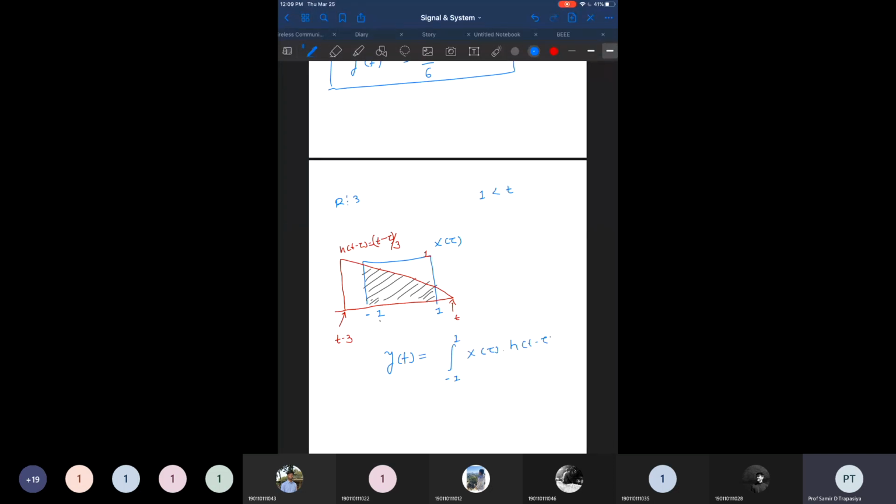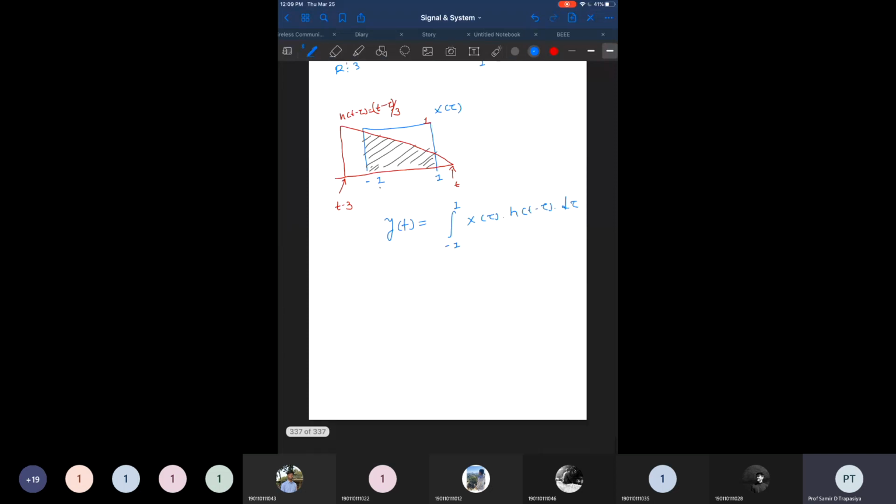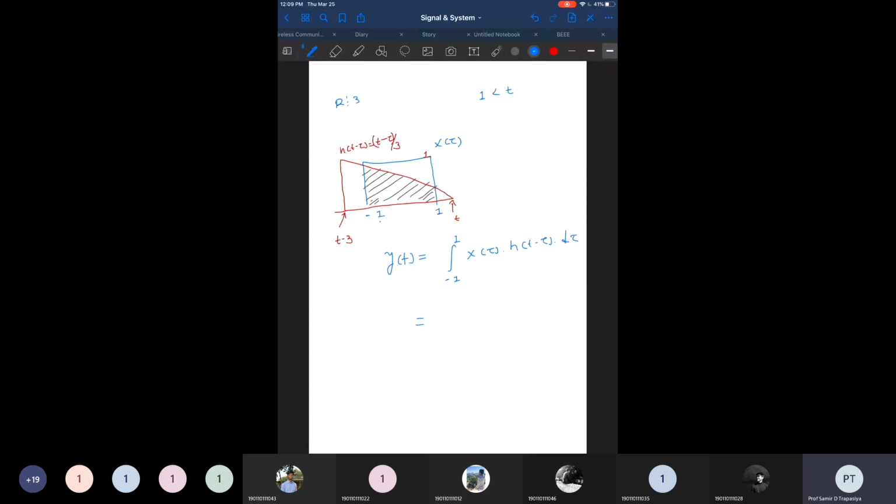So in that region, this x of tau is 1, but h of t minus tau is (t minus tau) by 3, d tau. If we take this integration, 1 by 3 is a common factor, so it is t tau minus tau square by 2, and we apply the limits minus 1 and 1, with the 1 by 3.